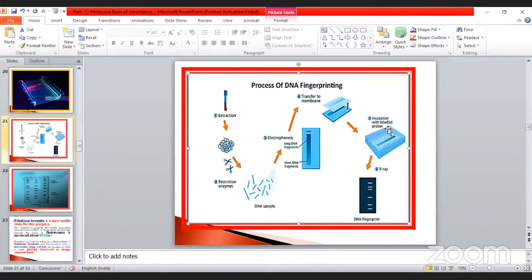Then it is incubated with the labeled probe, then isolated and separated from the gel. With the help of X-rays, we can visualize the DNA fragments or fingerprints. This is the methodology.